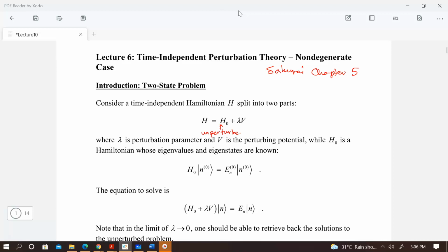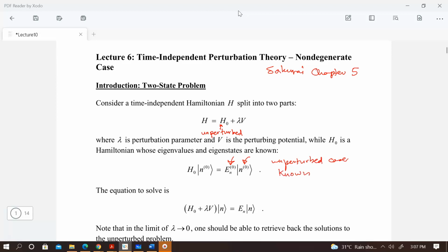Okay, so we can find out what the eigenvalues are. The eigenvalues are given by En naught. Okay, and then you know what the eigenstates are, which is labeled as n naught. Okay, this is for the unperturbed Hamiltonian. So this is assumed to be known.